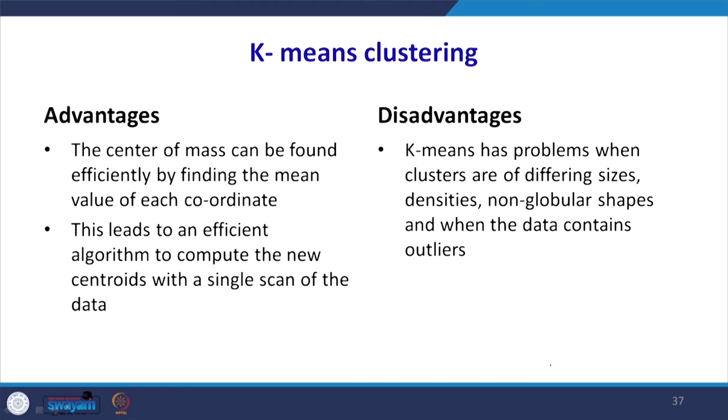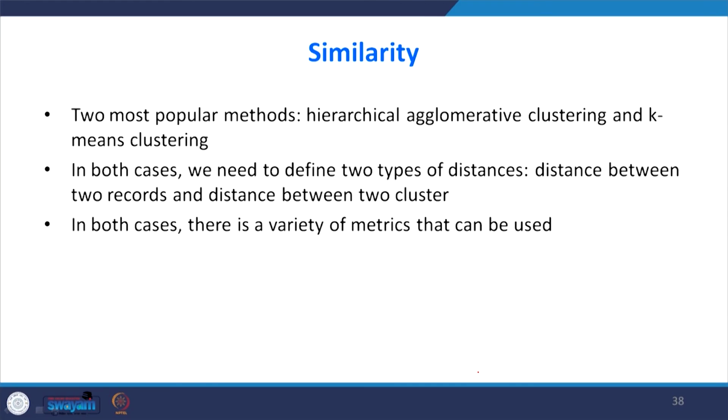Now, let us see the advantage of K-means clustering. Previously, we have seen the advantages of hierarchical clustering. The advantage of K-means clustering is that the center of mass can be found efficiently by finding the mean value of each coordinate. This leads to an efficient algorithm to compute the new centroids with a single scan of data. The disadvantages are that K-means has problems when the clusters have different sizes, densities, non-globular shapes, and when the data contains outliers.